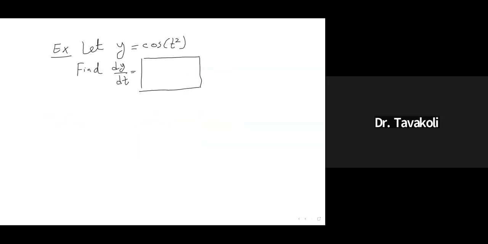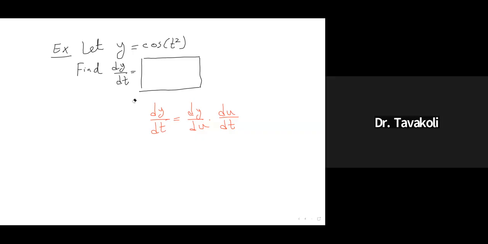So here the same thing. When you use the chain rule, the derivative of y with respect to t is the derivative of y with respect to u times the derivative of u with respect to t. But before using the chain rule, we should decide what is taken as u.